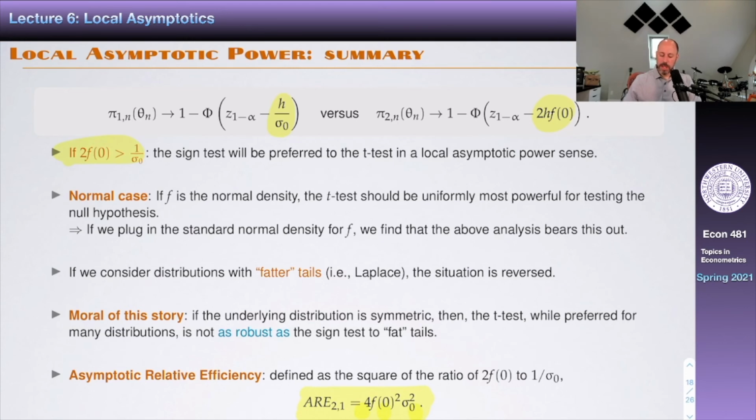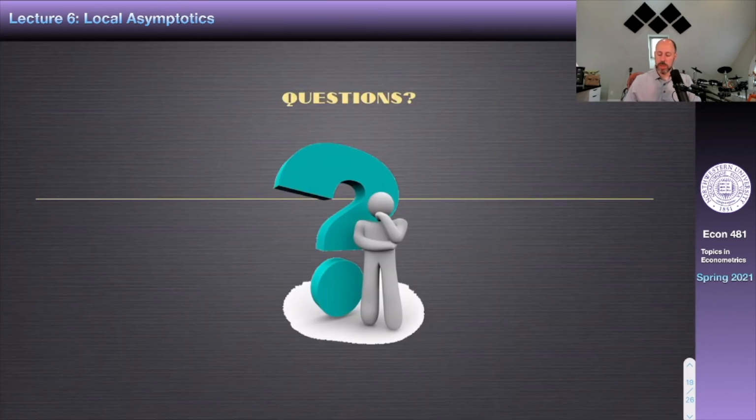And so if you ever hear the term asymptotic relative efficiency, it just means taking the ratio of these constants multiplying h in the derivation. Questions?